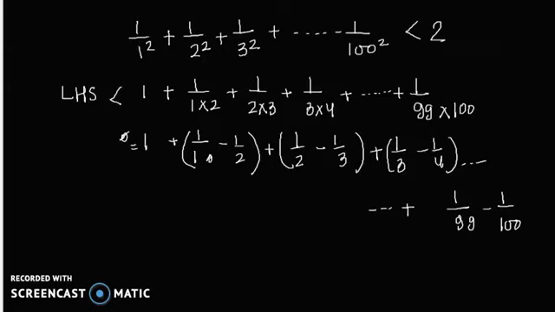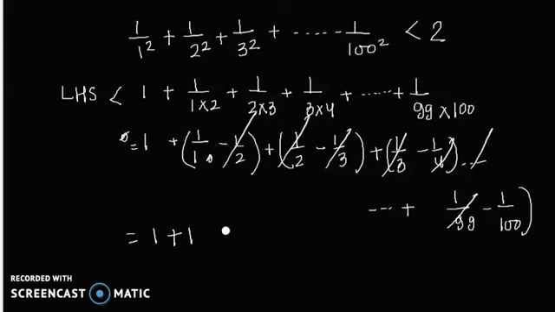And now if you take a careful look, we can cancel all the terms, minus 1 by 3 plus 1 by 3, minus 1 by 4 plus 1 by 4 and similarly till here, and we are only left with 1 plus 1 minus 1 by 100, which is 2 minus 1 by 100, which is less than 2.